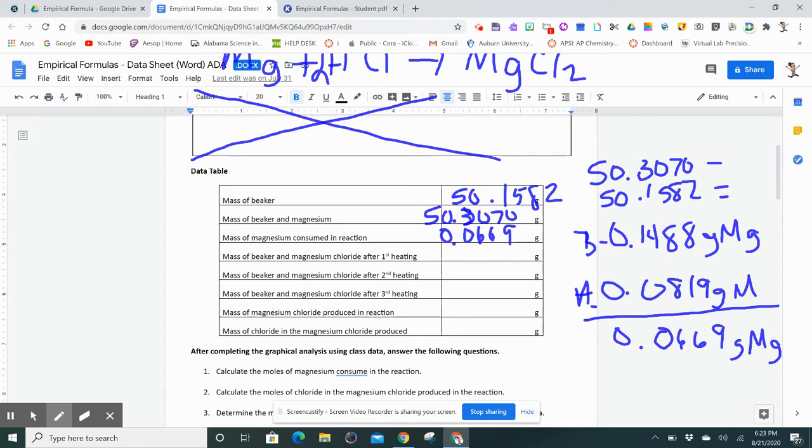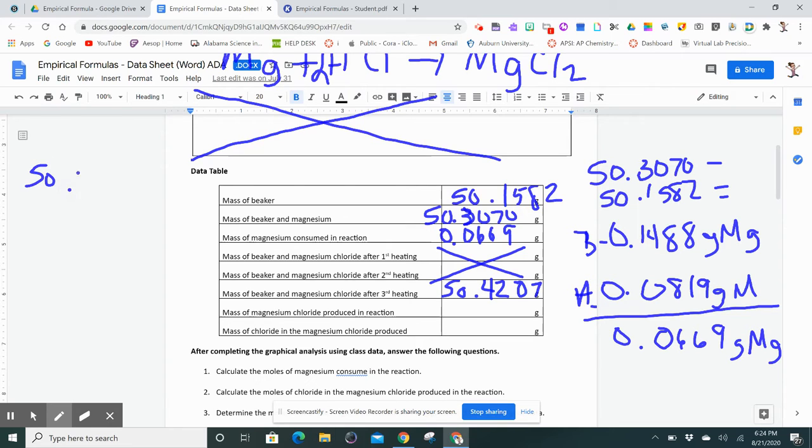Okay, the mass of the beaker and the magnesium chloride after the first, second, and third heatings, that's just when we heated it up to drive off all the water. We found that the magnesium chloride plus the beaker is 50.4207. And we're not going to worry about those two. Okay. So that's the mass of the beaker and the magnesium chloride. Then to find the mass of the magnesium chloride produced in the reaction, I'm going to subtract the mass of my beaker.